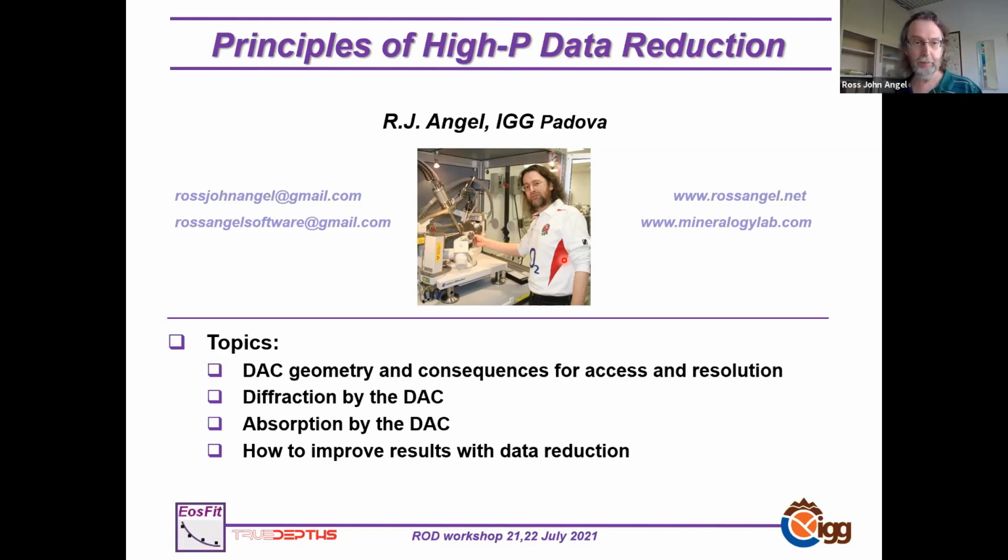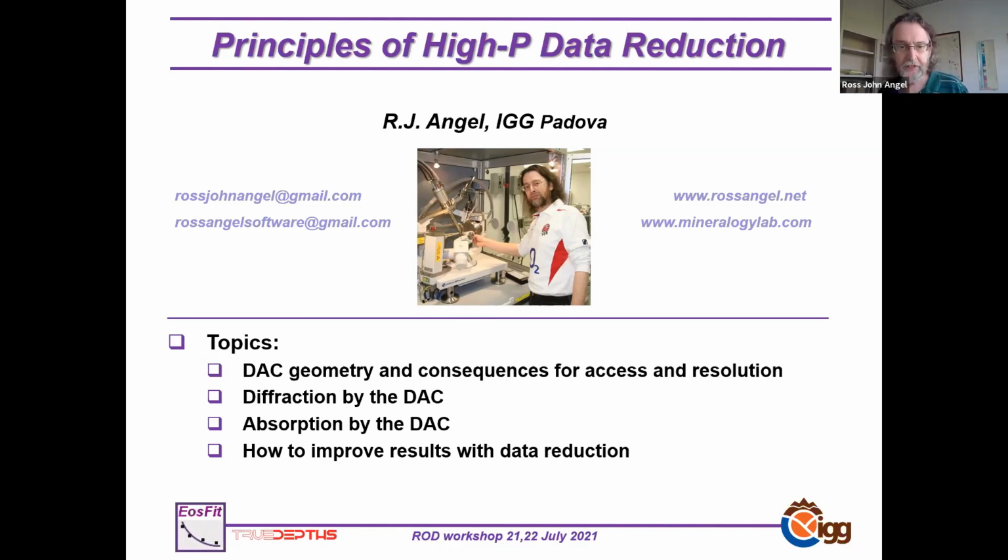It's potentially complicated by all these issues of diamond cell geometry, diffraction by the diamond cell, absorption by the diamond cell. But with an understanding of the basic principles here, you can then explore how to improve the data reduction beyond the default parameters.